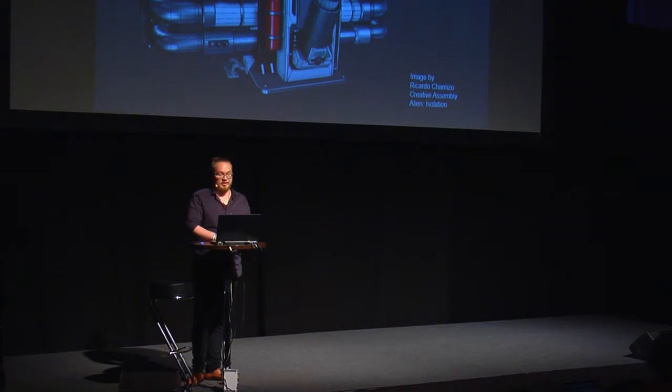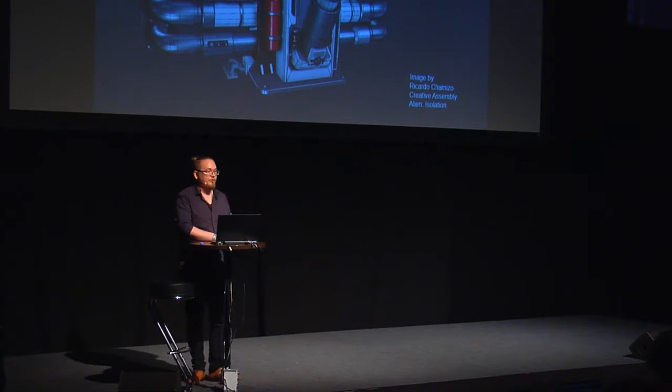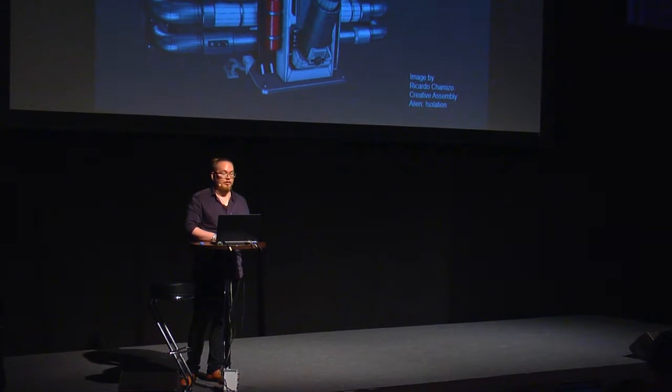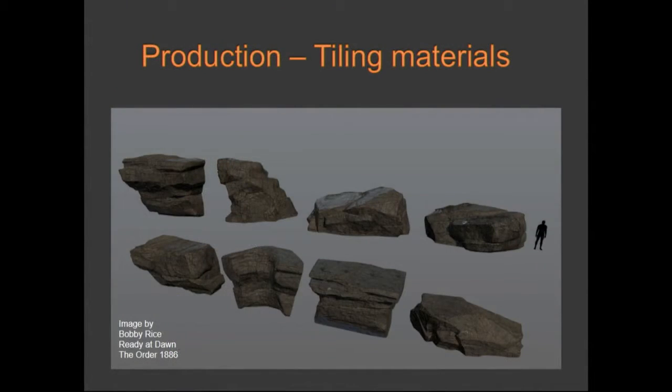But the negative impact of using these tiling materials is, of course, that you don't get any specific edge wear or dirt accumulation in your models unless you have some sort of a smart material that does it for you. And as I said earlier, this workflow can be used on hard surface, like you just saw, but on quite organic models as well.